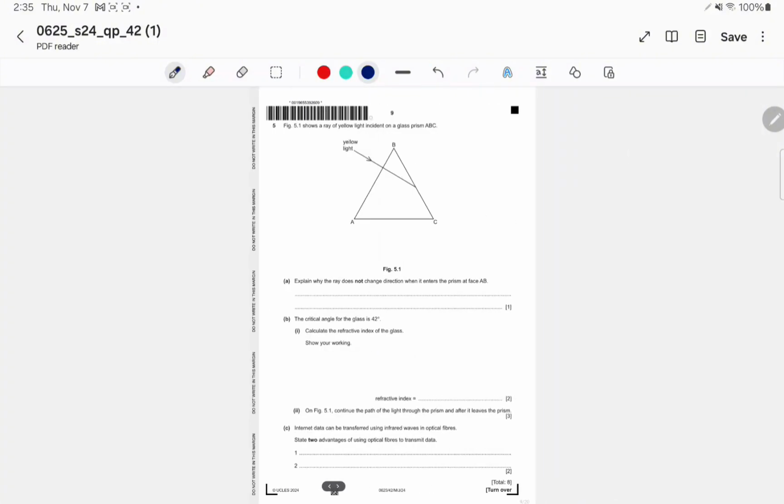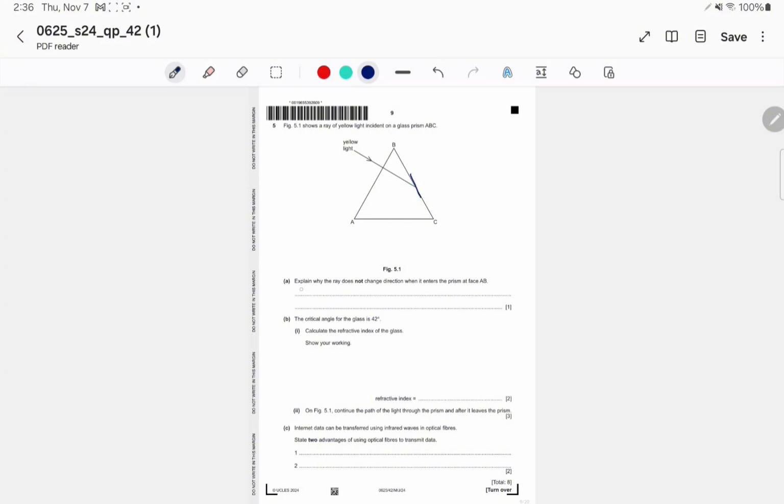Fifth question: the figure shows a ray of yellow light incident on a glass prism ABC. First, explain why the ray does not change direction when it enters the prism at face BC. The incoming ray is perpendicular to the surface.